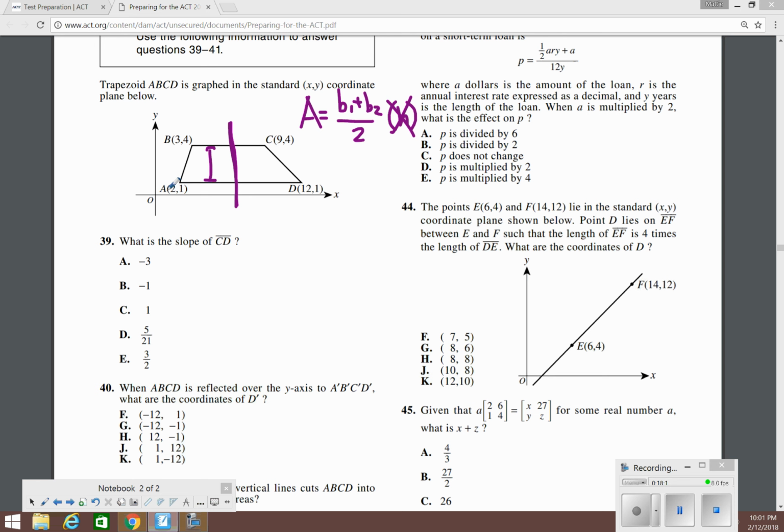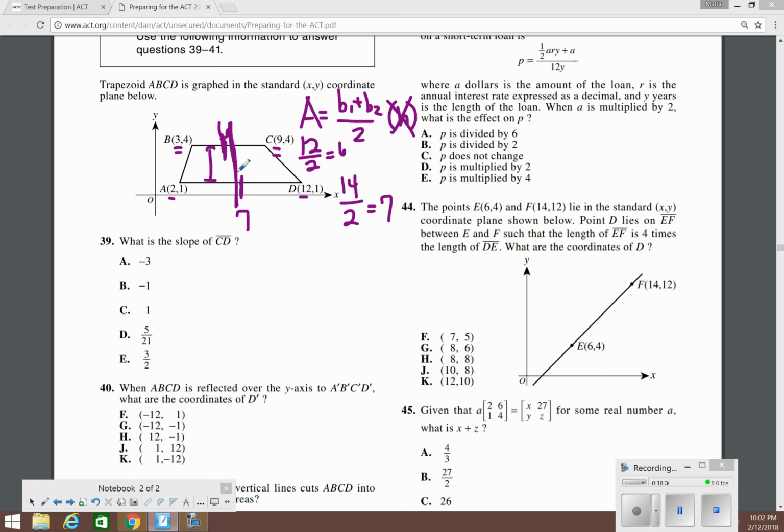If you look at the bottom, from 2 to 12, I'm going to average them. So I'm going to add them together, 2 plus 12, which is 14, and divide by 2, which is 7. So I want 7 to be in the middle here. If I look at the top, I'm going to average these, 3 and 9, which is 12, divided by 2 is 6, so 6 in the middle over here.